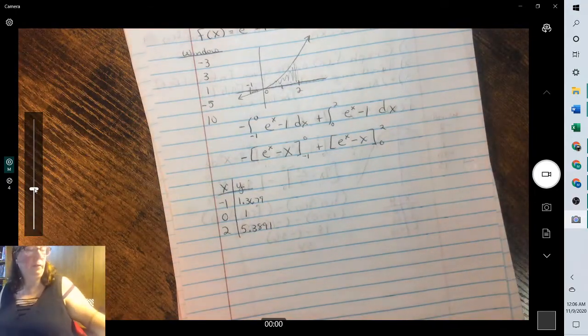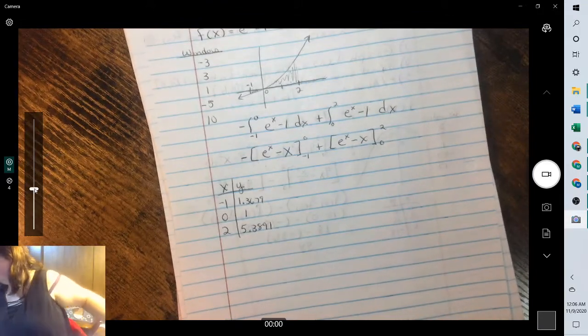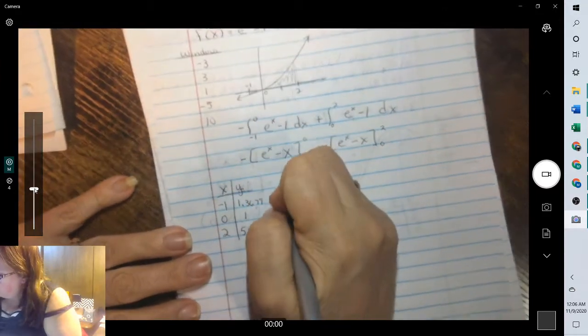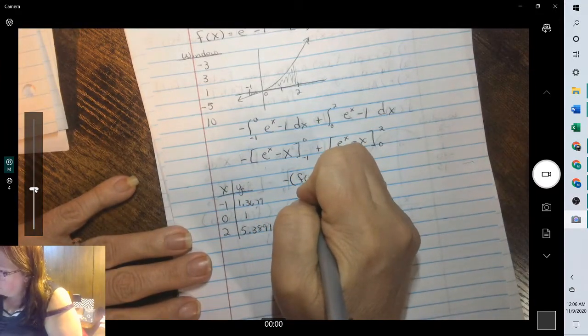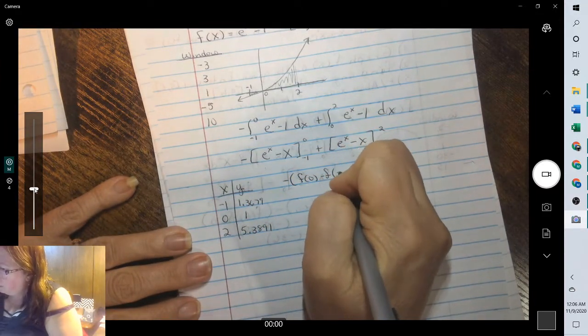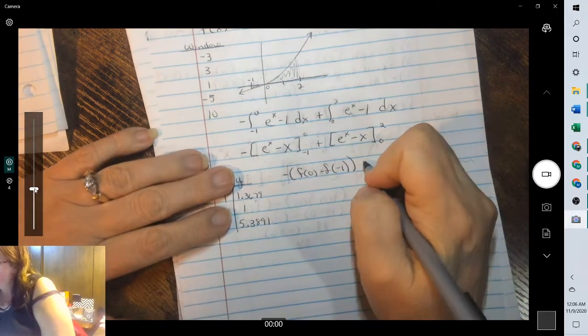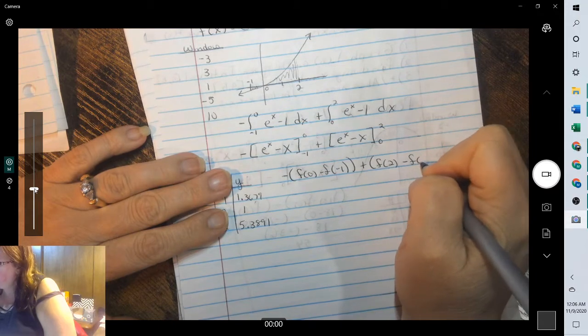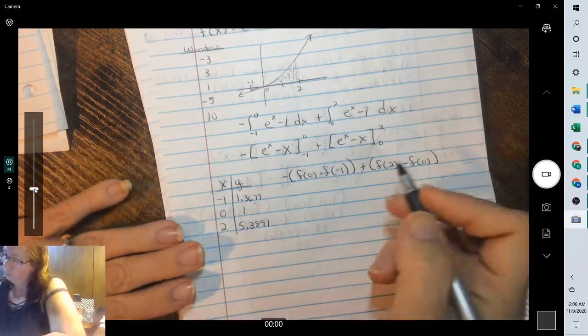So those are our values. Plugging them in, we have negative f of 0 minus f of negative 1, plus f of 2 minus f of 0, top minus bottom.